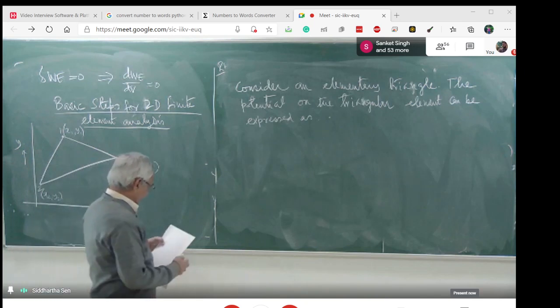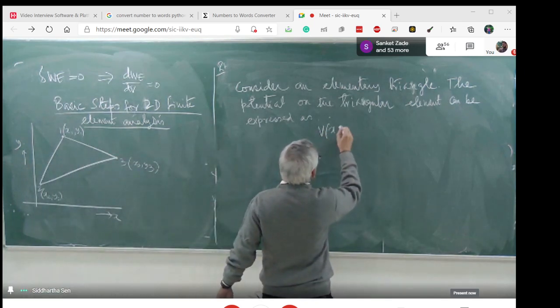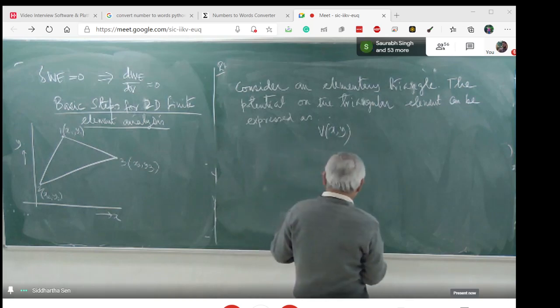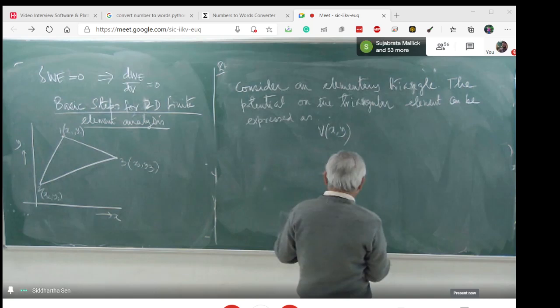In general, I write it down as V of x y at any point equals a plus b x plus c y.